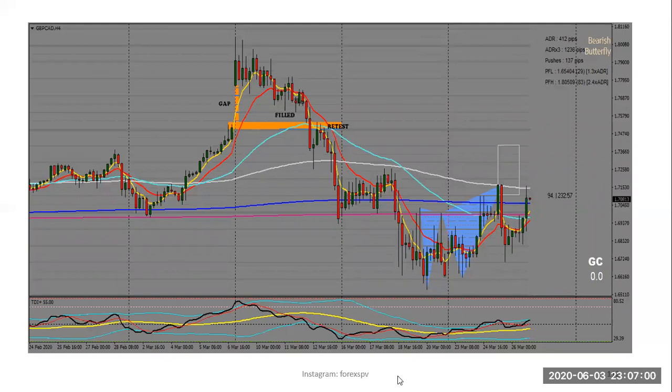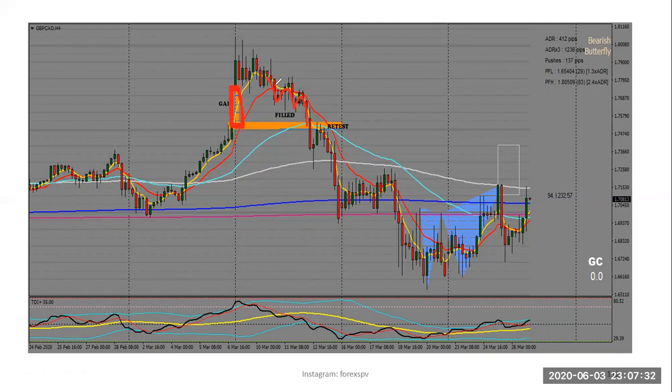So orders were not entered here. So we can call it a vacuum block, but it's also a fair value gap. There is no fair value pricing around this area. So market makers will have to reprice to these levels to fill in the areas where they have not traded for fair value.